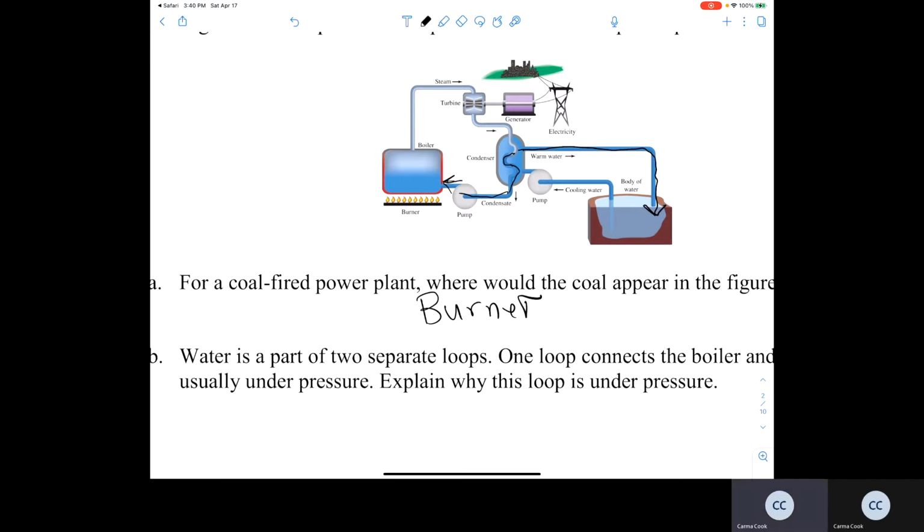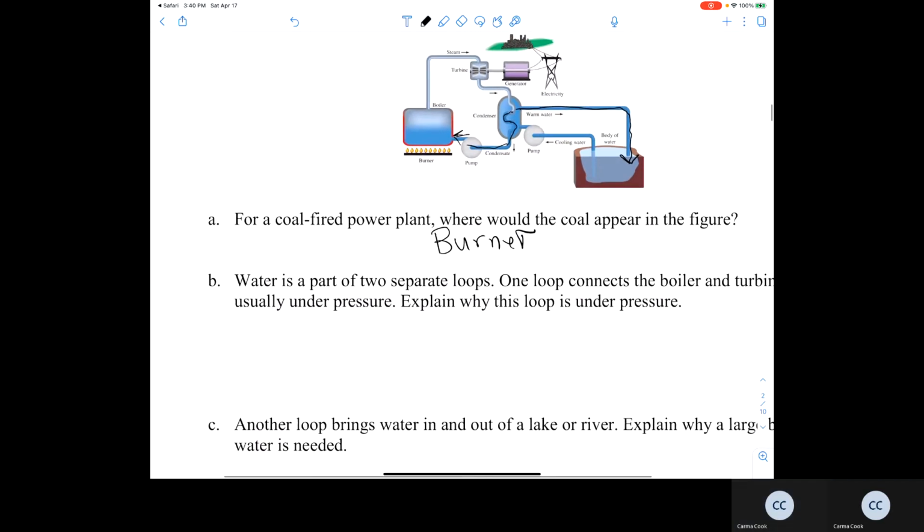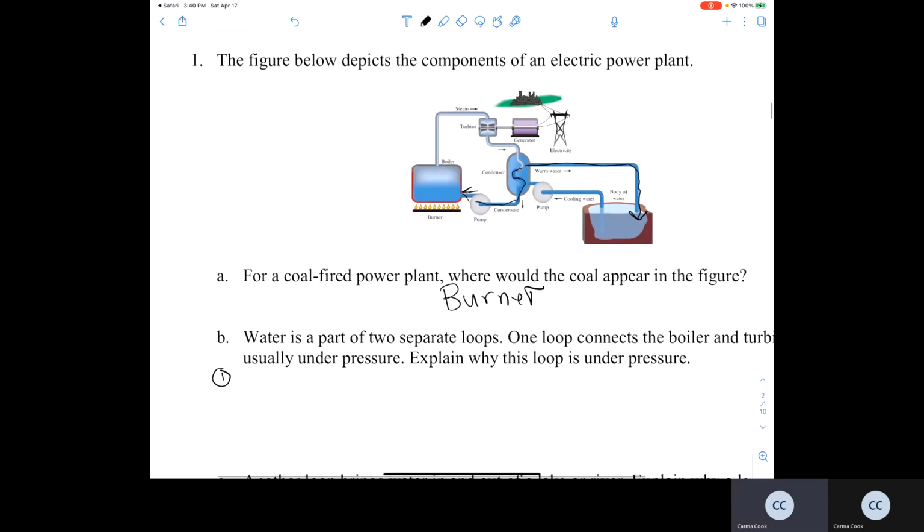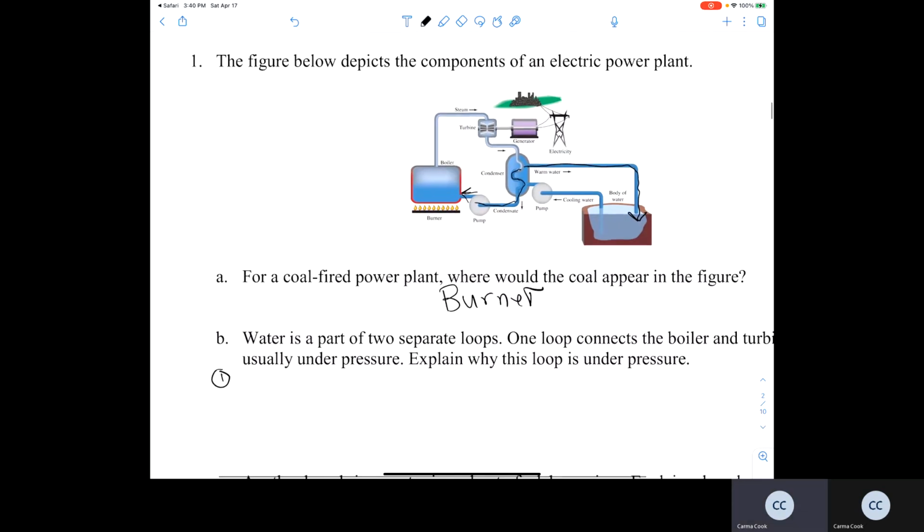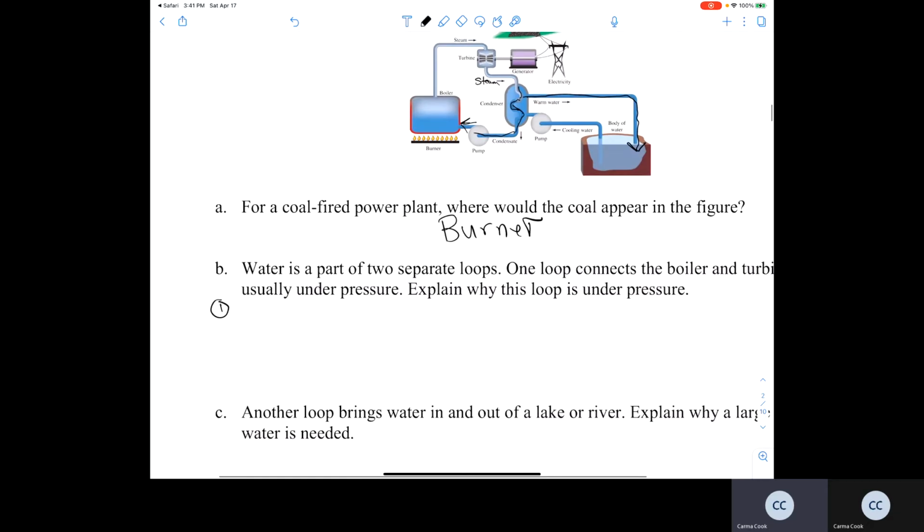Why does this loop need to be under pressure? Well, the loop that's connected to the boiler is the one in which the steam coming out of the turbine goes into the condenser and gets condensed back to liquid. So that particular loop is very important to have under pressure in order for the condensing to take place.